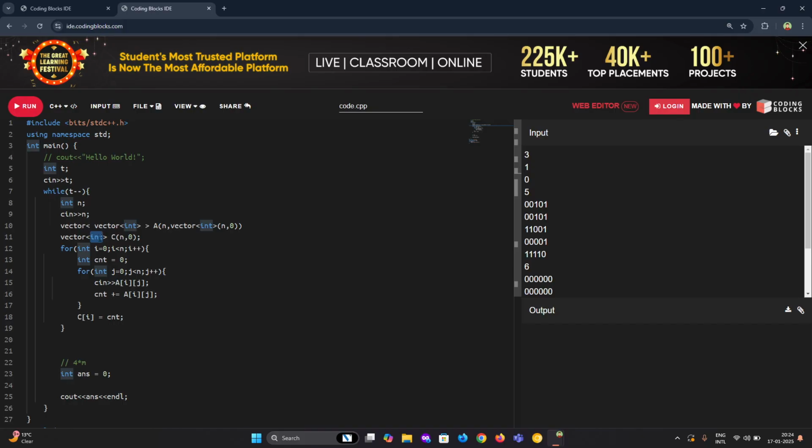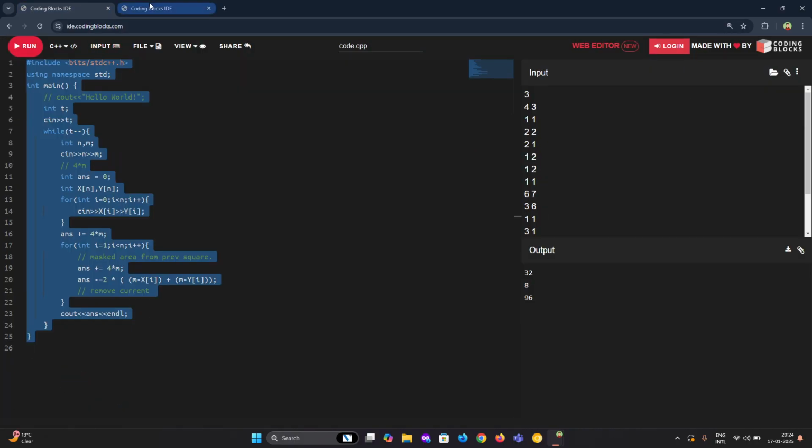I want a vector of pairs of int, of course. So I want the number that will be i plus 1, and then the count of it, the number of people it is connected with, right?